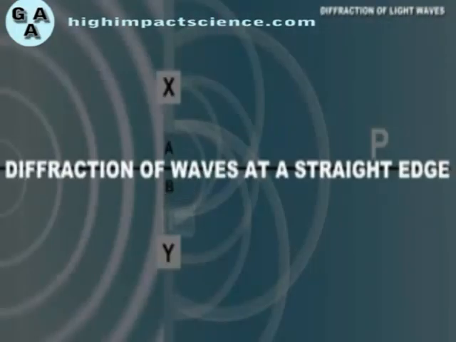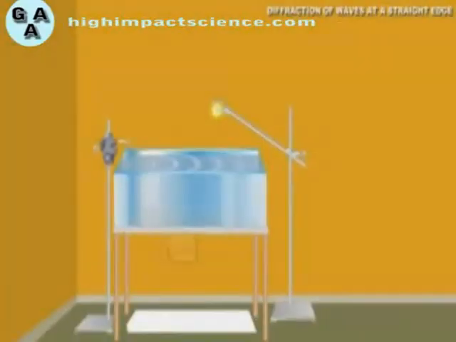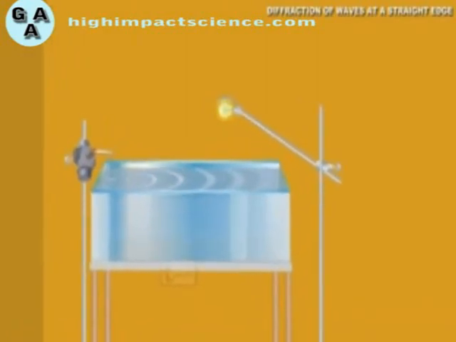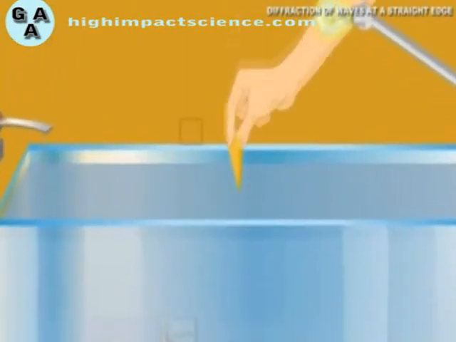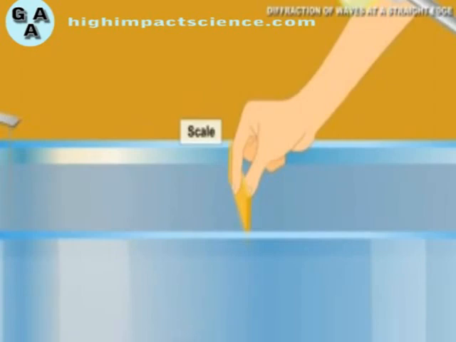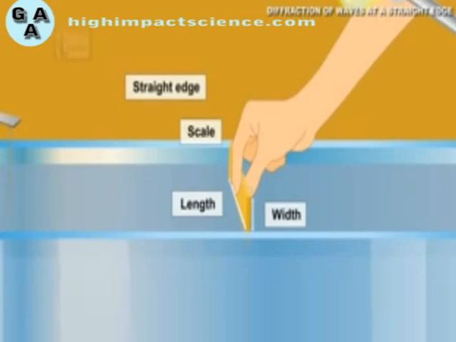Let's see the diffraction at a straight edge. We place a half scale in the ripple tank such that its length is incident with the water surface, but the width is perpendicular to the surface. This type of an obstacle is called a straight edge.